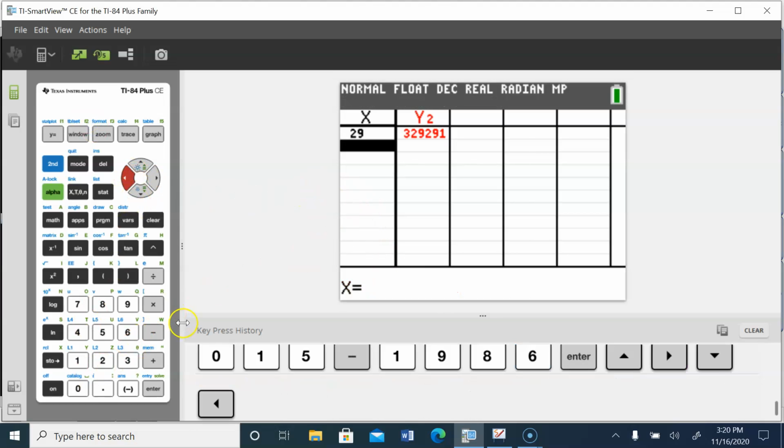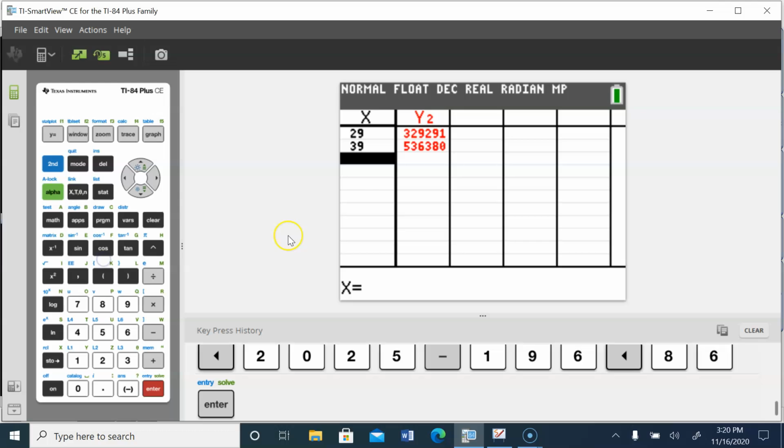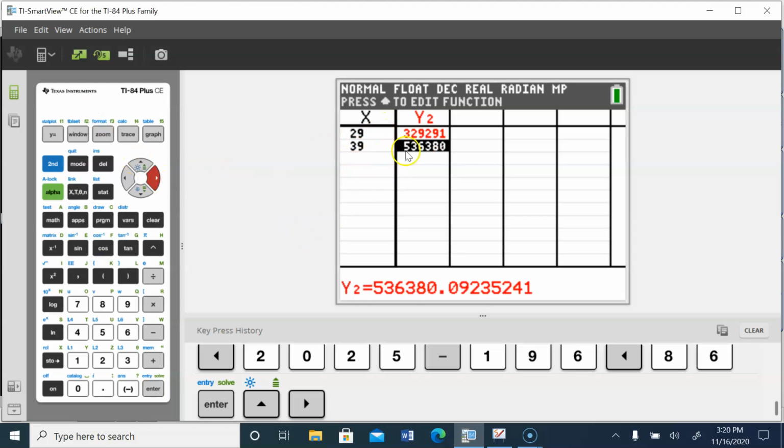We're going to do 2025 minus 1986. And that's 39 years. Again, you really need to look at that exact value because it's rounded to $536,380.09.